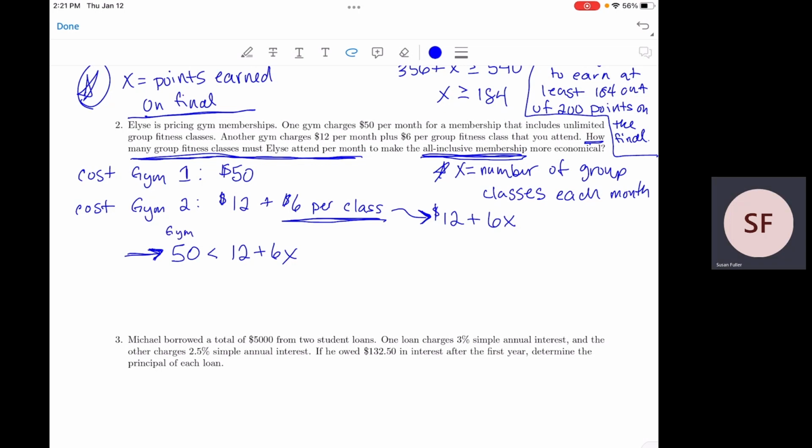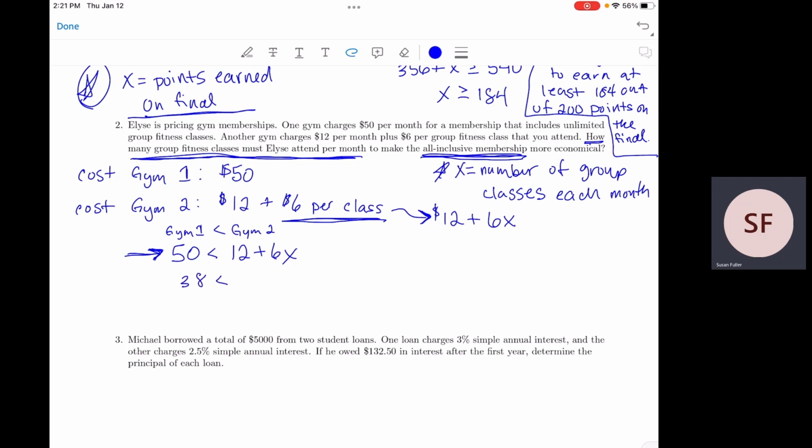Again, if you're having trouble with that, this is gym 1. We want that to be less than gym 2. That's what more economical means. It means cheaper. Okay, so now we have an inequality and we know how to solve this. So let's go ahead and solve this. If you subtract 12 from both sides here, 50 minus 12 is 38.